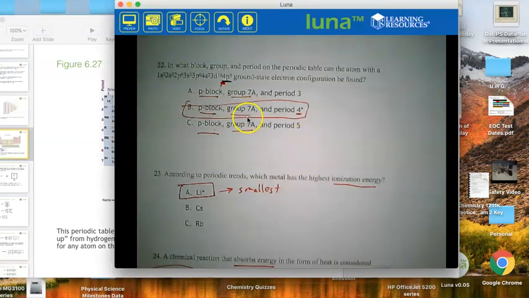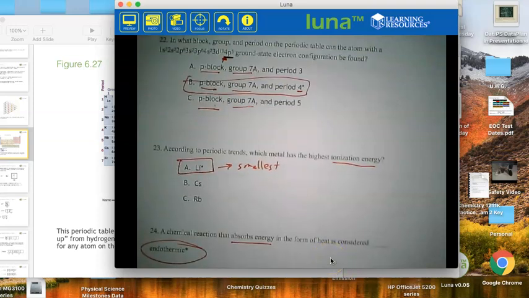Remember, 7A is the old notation for group numbers, and 17 would be the newer. So make sure you understand both the old and the new way of numbering groups. And then the period would be 4 because it tells you the energy level there, 4.